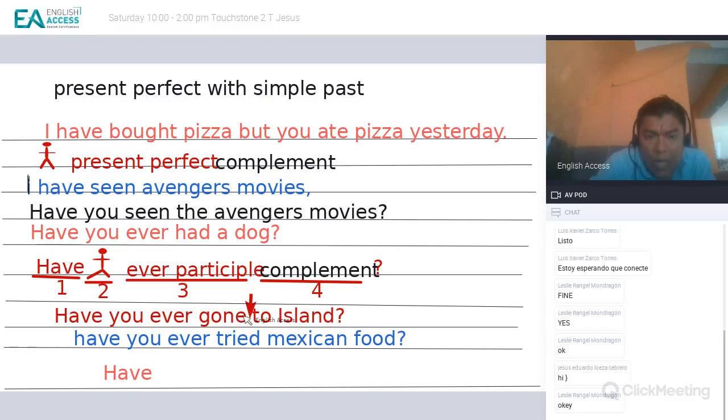Have you ever gone to an island? Have you ever had a dog? Good job, Leslie. Perfect. Have you ever gone to an island? Good. Now let's try with your sister, for example.